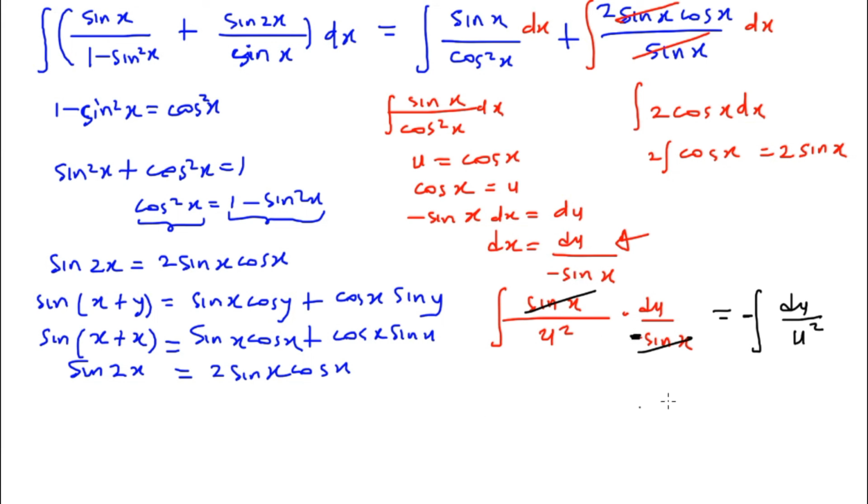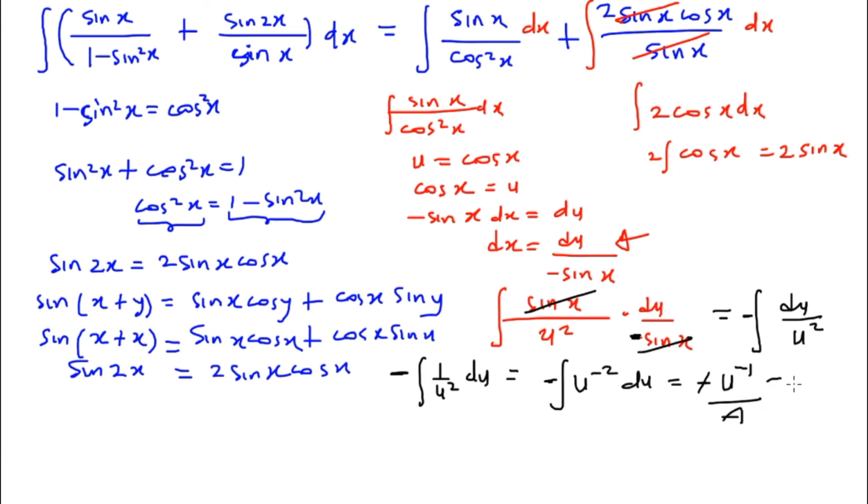Now if I integrate negative 1 over u squared du, it is the same thing as the integral of negative u raised to power minus 2 du, and that's the same thing as u raised to power minus 2 plus 1, which is minus 1, over minus 2 plus 1, which is minus 1. So the negative sign can cancel out with this negative sign, so that I can have u raised to power minus 1 plus c, or 1 over u.